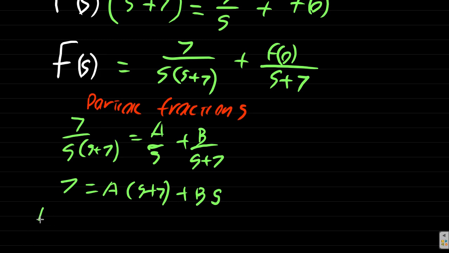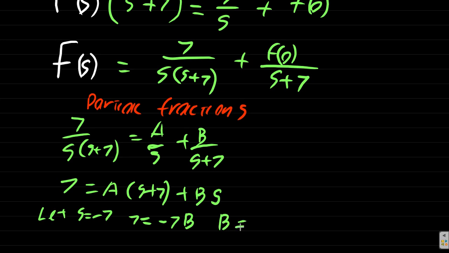Now let s be negative 7. If s is negative 7, we would have 7 is equal to, this part would go to 0, because negative 7 plus 7 is 0, equal to negative 7b.